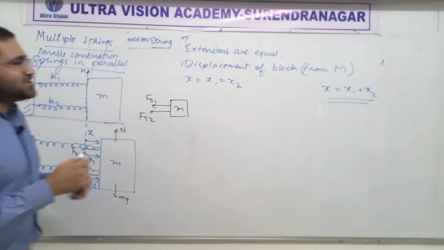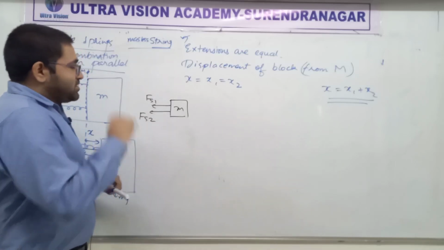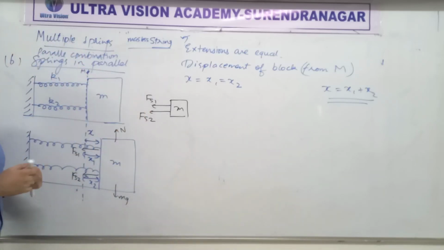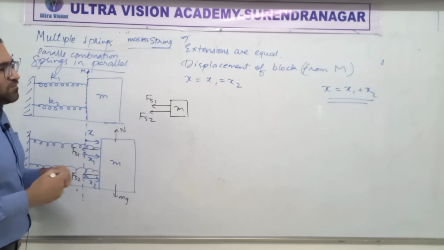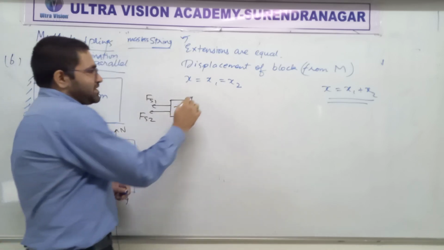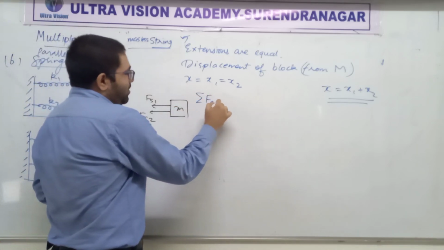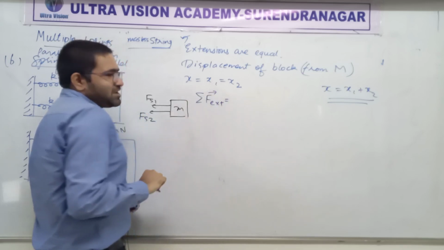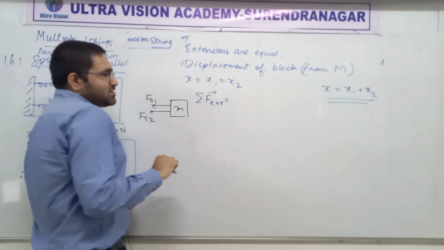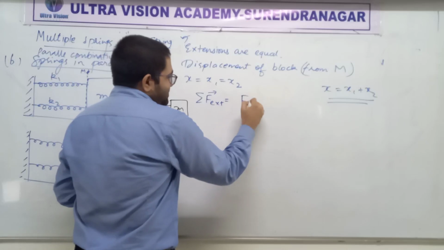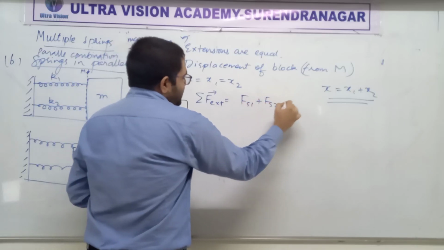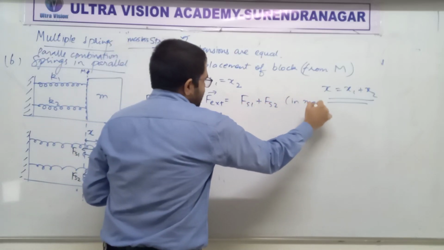Right. So now, because there are two forces, do you realize that here the net force on the block is equal to Fs1 plus Fs2, only in magnitude. I'm just writing this in magnitude.